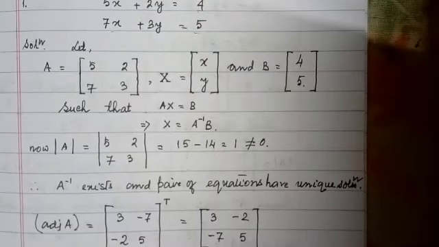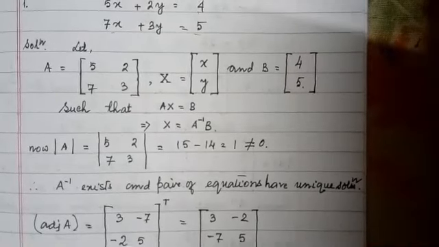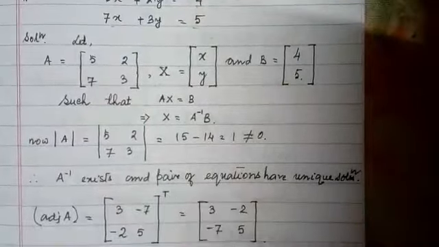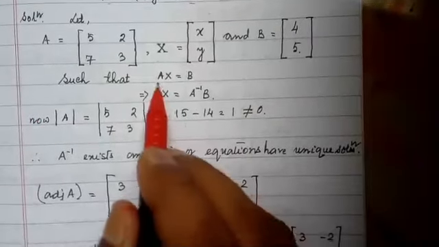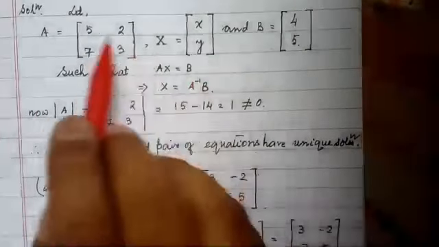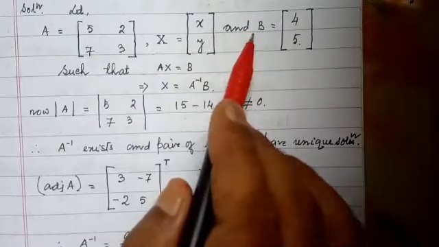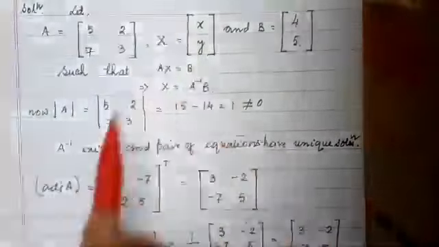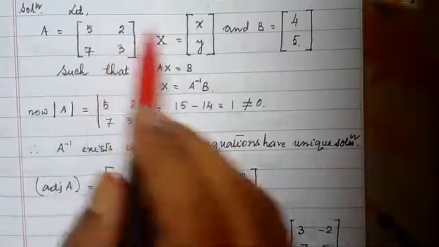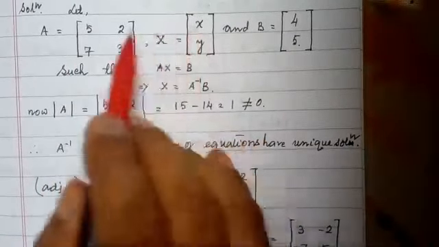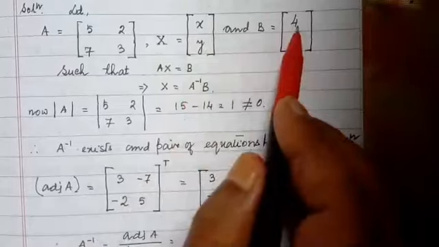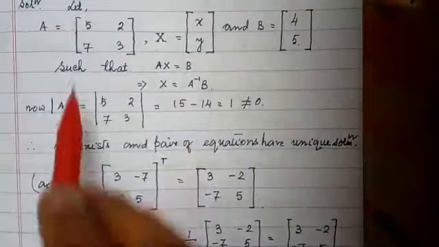Thus we have first written three matrices A, X and B such that AX is equal to B. That is, if we multiply AX and equate this with B, we will get these equations. For example, row into column: 5x plus 2y is equal to the first element 4, which is the first equation.